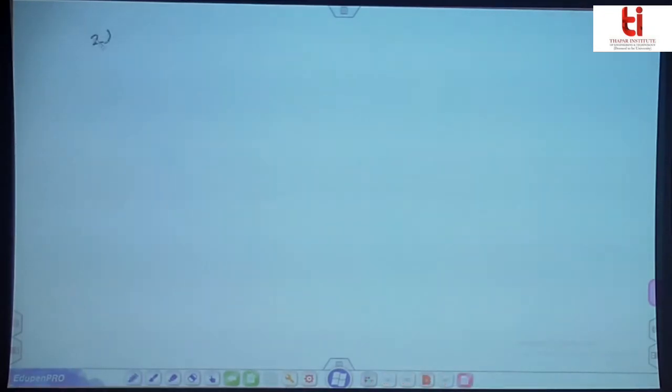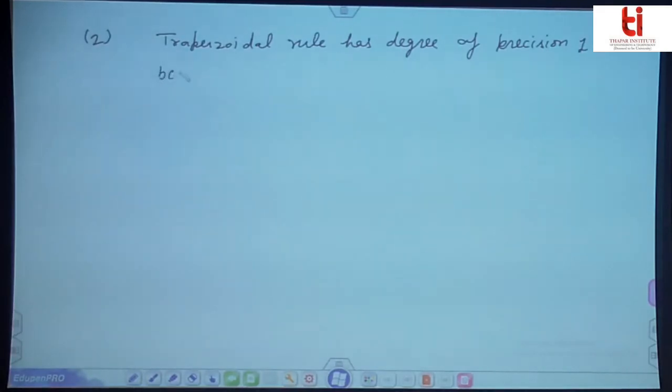Second point. So the trapezoidal rule has degree of precision 1, because the error formula of the trapezoidal rule is h cube upon 12 f double dash.